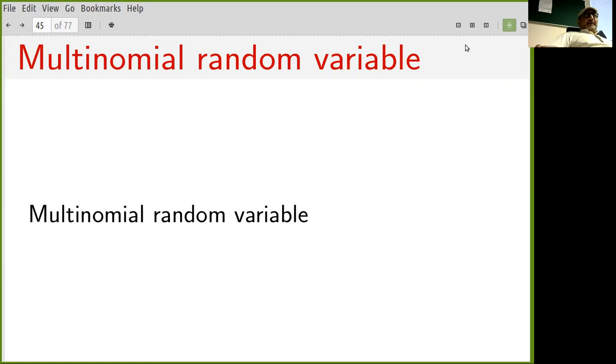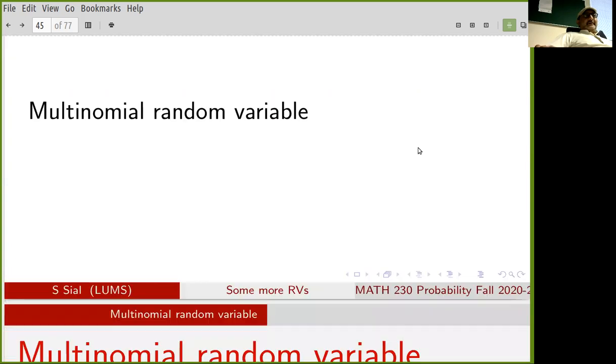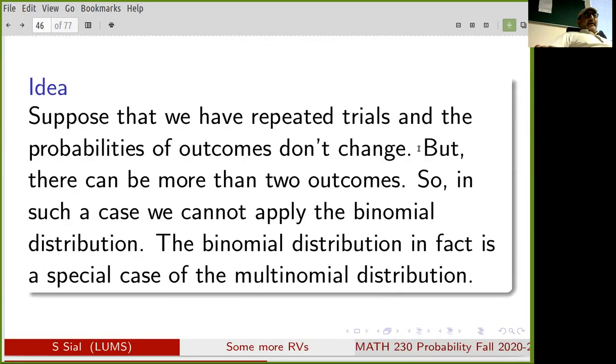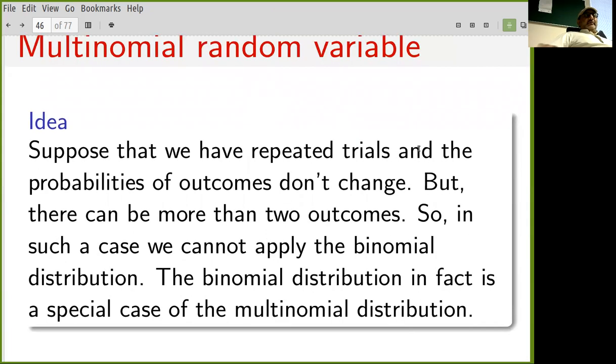Okay, now we come to the multinomial random variable. Again, we have repeated trials. The outcomes of the trials are independent of the previous trials. And instead of having a success or failure, you could have more than 2 outcomes.